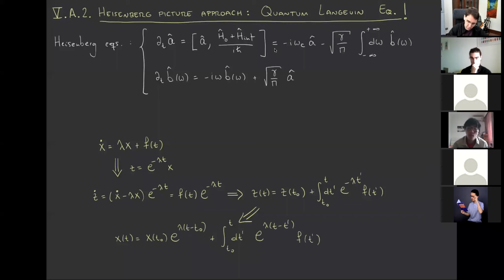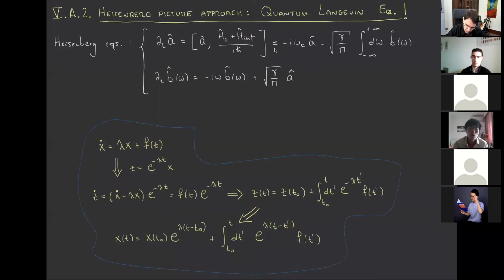So this is the generic solution that you can write down for any linear system in which you have a linear coefficient, and then you have some kind of forcing, we call it driving in optics as we will discuss today, that makes the equation inhomogeneous. I will be using this kind of solution all the time, so just keep it in mind. And now you know how to do it yourself.